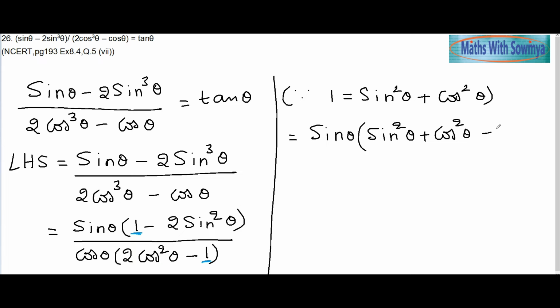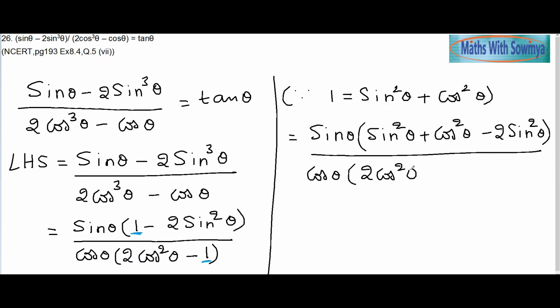Here this is minus 2 sin square theta, divided by cos theta, you are having 2 cos square theta minus. So, we use the bracket to write this: sin square theta plus cos square theta. Whenever there is a negative sign, use the bracket to avoid the mistake.